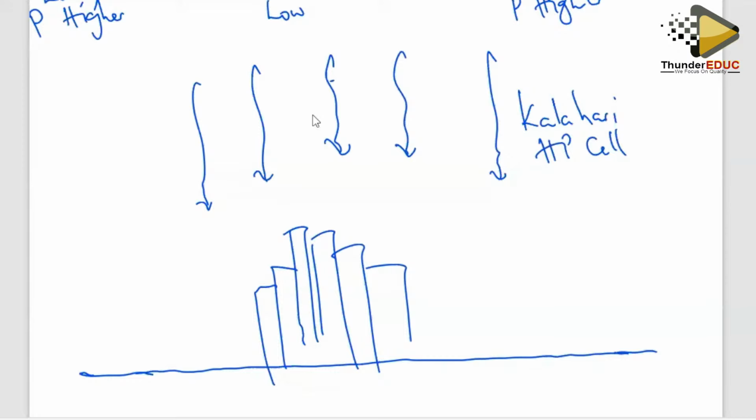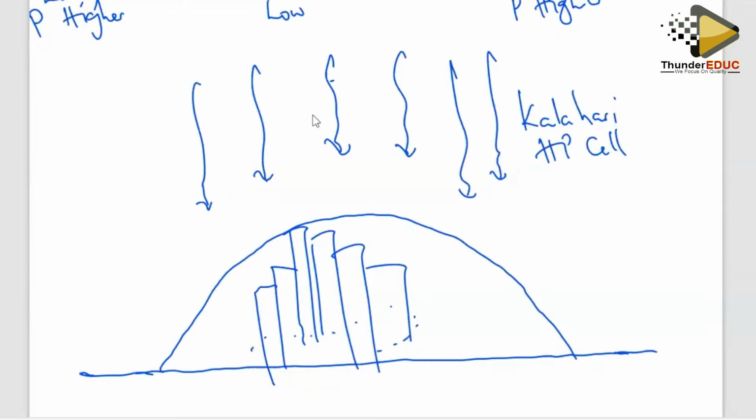So you tend to find that during the night, it takes this shape here, not the day shape, because the pollutants are being pushed down by the strong descending air from the Kalahari high pressure cell. As a result, the pollutants are now concentrated in the urban area.